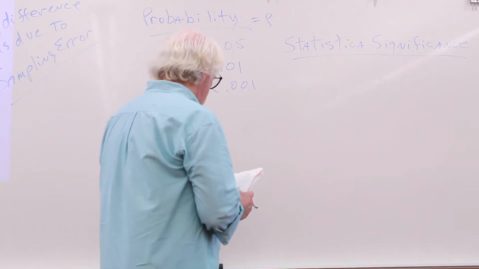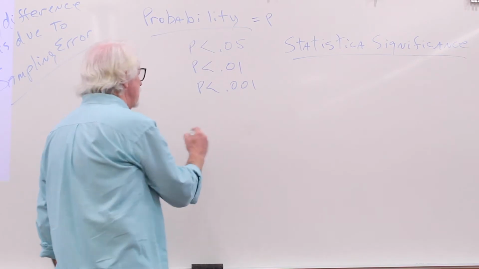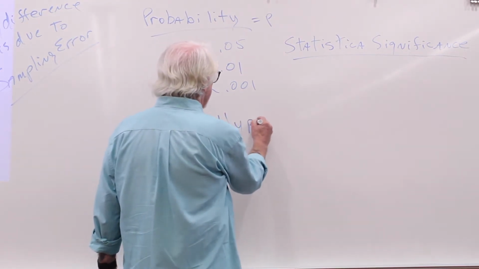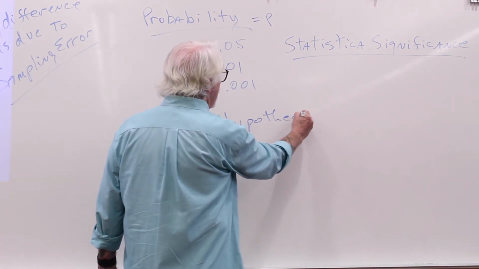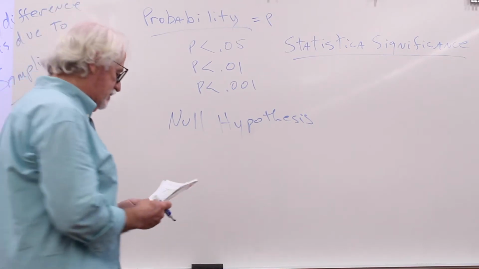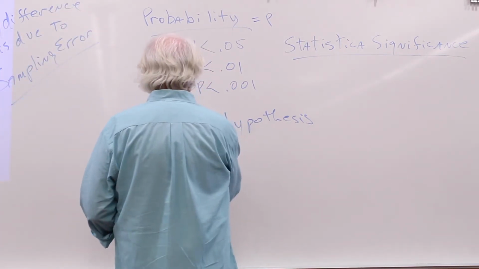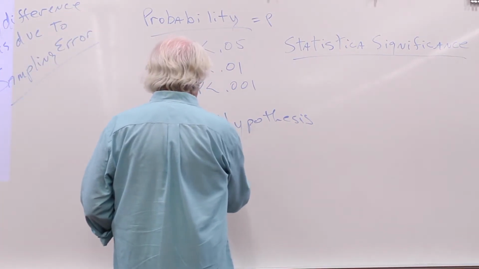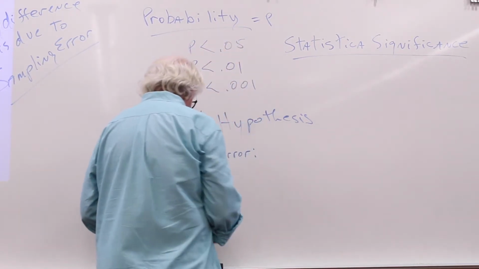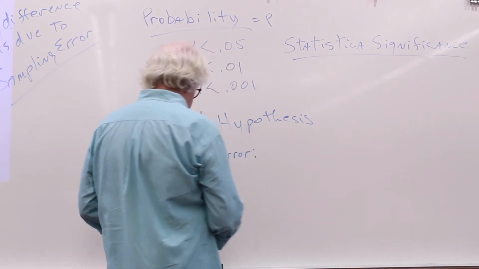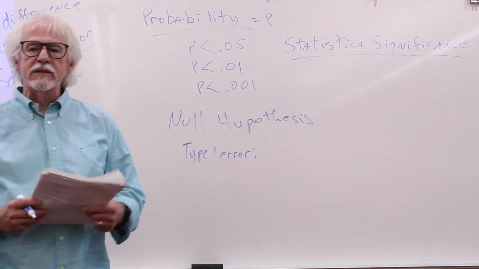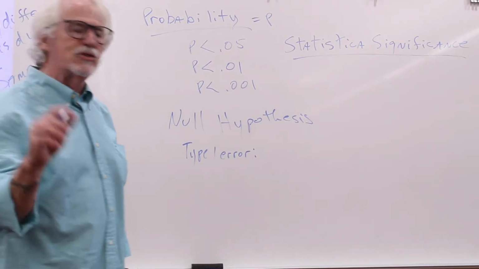So, the other thing about the null hypothesis is there are 2 errors possible. There's a type 1 error, which is when I've rejected the null hypothesis, but it's actually true.